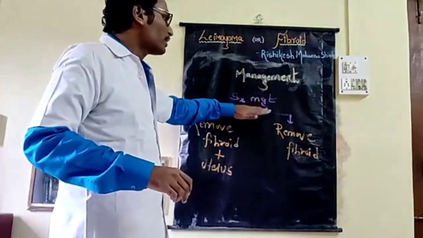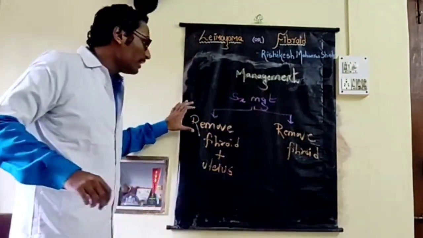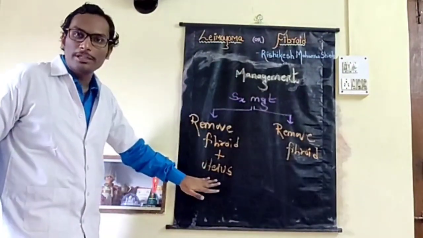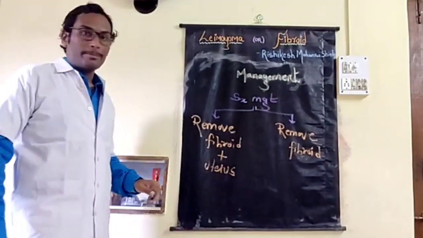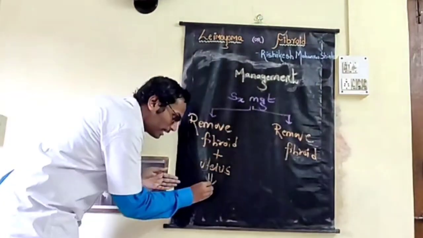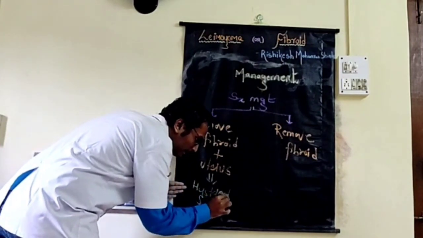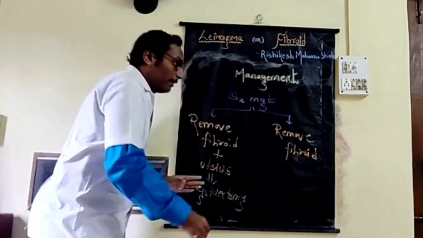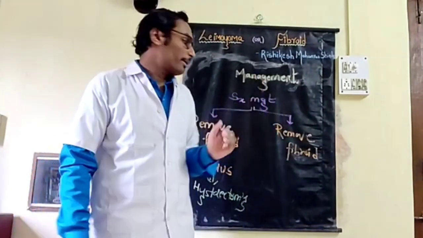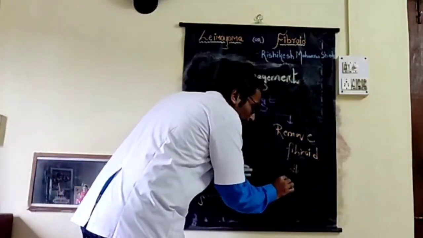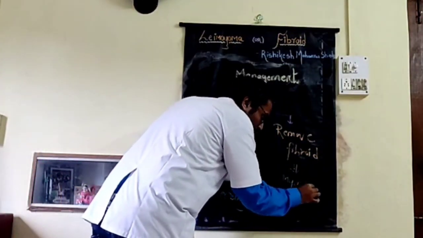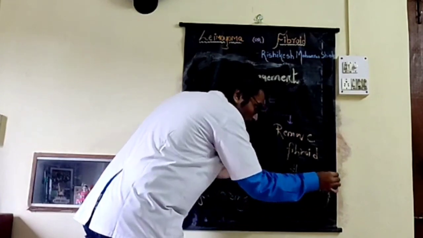Now, talking about the surgical management. In surgery we can remove the fibroid, or we can remove the uterus. When we remove both the fibroid and the uterus, the surgery is known as hysterectomy. But when we remove only the fibroid, it is called myomectomy.